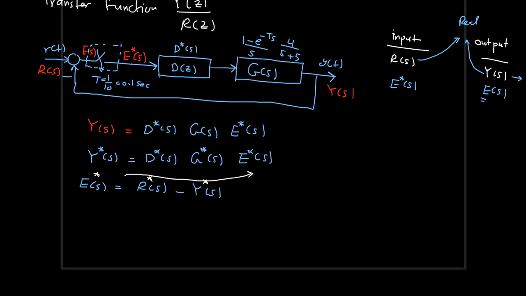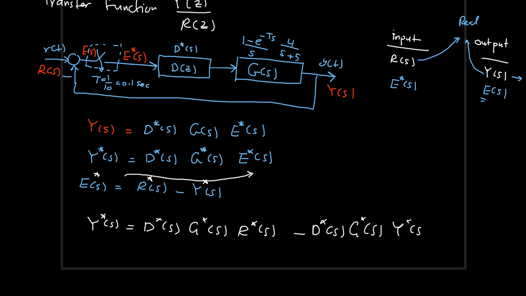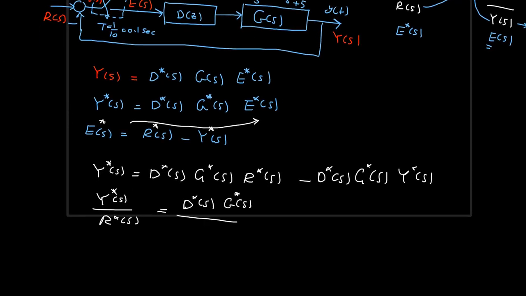If we do so, then we have y star of s is equal to d star of s, g star of s multiplied by r star of s minus d star of s, g star of s multiplied by y star of s. If we rearrange the variables and solve, we reach y star of s over r star of s is equal to d star of s, g star of s over 1 plus d star of s, g star of s.